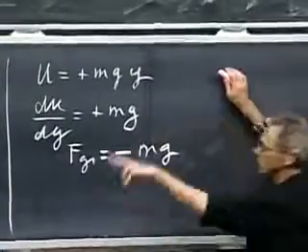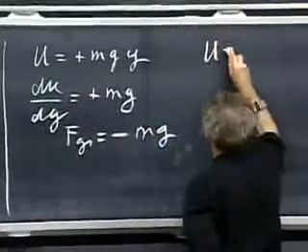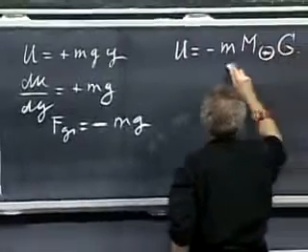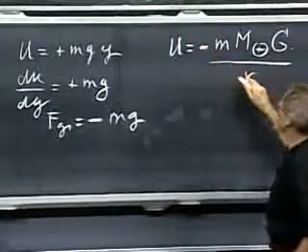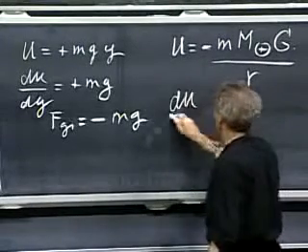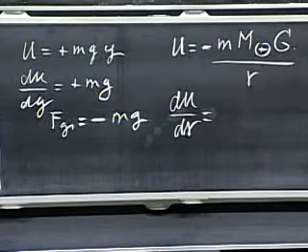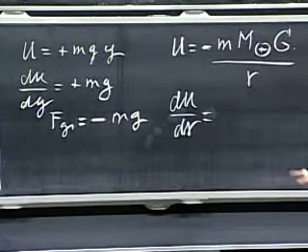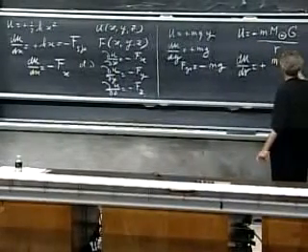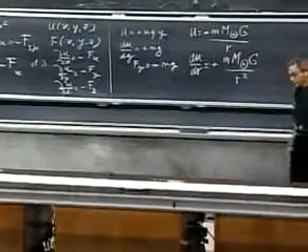Now we take the situation that we are not near Earth. We have U equals minus m_Earth G divided by r. There's only an r here. So dU/dr. The derivative of 1/r is minus 1/r squared. The minus sign eats up this minus sign, so I get plus m_Earth G divided by r squared.